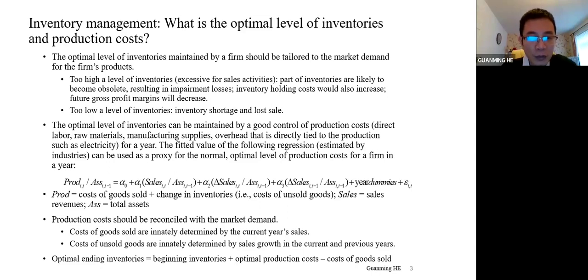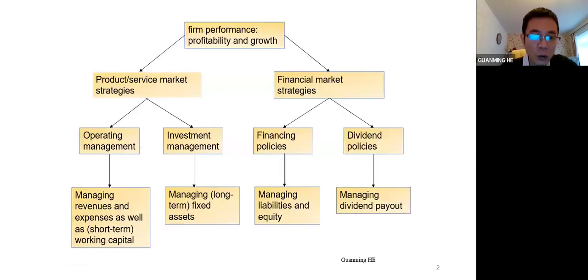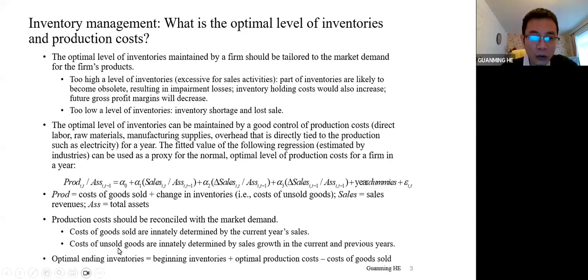On the other hand, the cost of unsold goods should be determined by the sales growth in the current year as well as in the previous year. Why? This is because the cost of unsold goods is manifested in the increase in the inventories, since the goods that have not yet been sold will be left in the inventories.